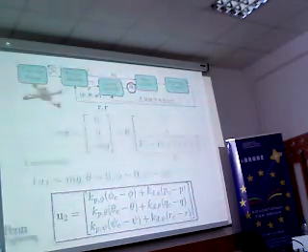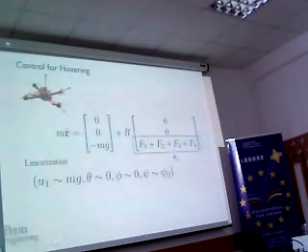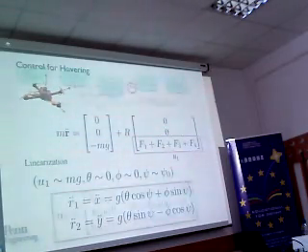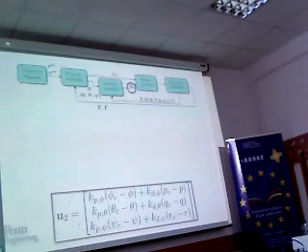Let's turn our attention to the outer feedback loop. If you look at the position equations of motion and you linearize them, using these linearized equations of motion, we now turn our attention to the error equation that describes the error in position.